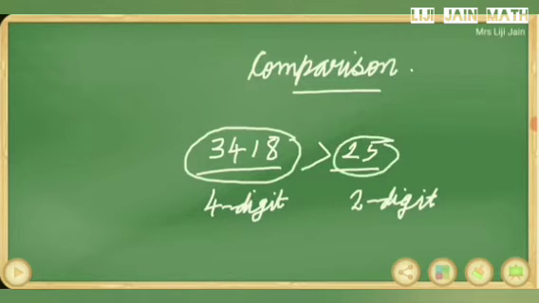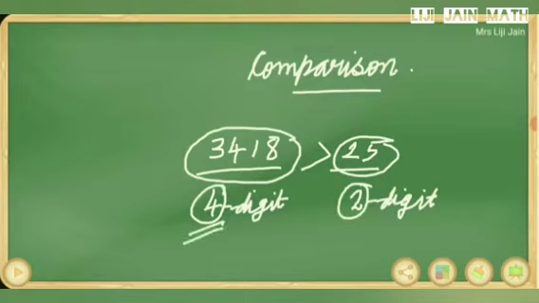How? Yes, here is the rule. If two numbers have different number of digits, here the number of digits is 4, here the number of digits is 2, isn't it?